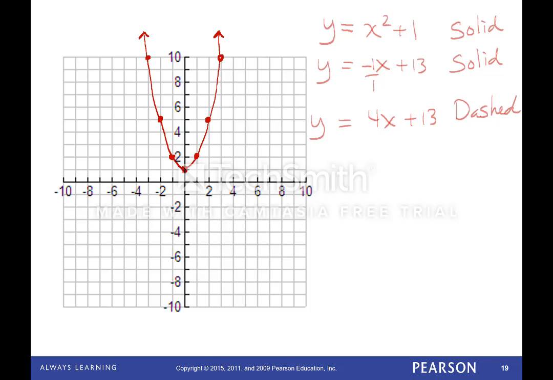Perfect. Let's do the test point. Back to the original inequality. We are testing 0, 0. And let's see, 0 is being compared to 0 squared plus 1. So is 0 greater than or equal to 1? I don't think so. So the comparison is this little dot here.